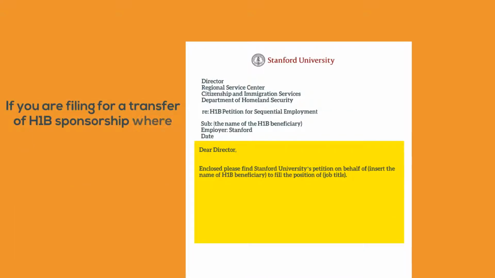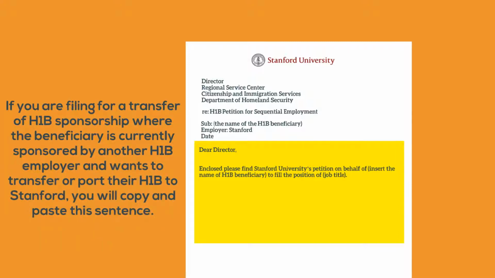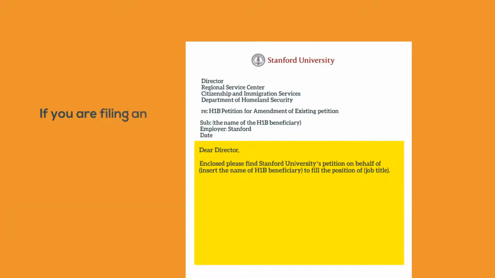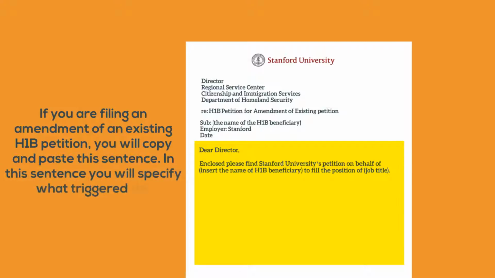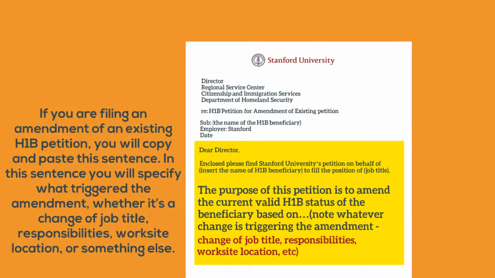If you are filing for a transfer of H-1B sponsorship where the beneficiary is currently sponsored by another H-1B employer and wants to transfer or port their H-1B to Stanford, you will copy and paste this sentence. If you are filing an amendment of an existing H-1B petition, you will copy and paste this sentence. In this sentence, you will specify what triggered the amendment, whether it's a change of job title, responsibilities, worksite location, or something else.